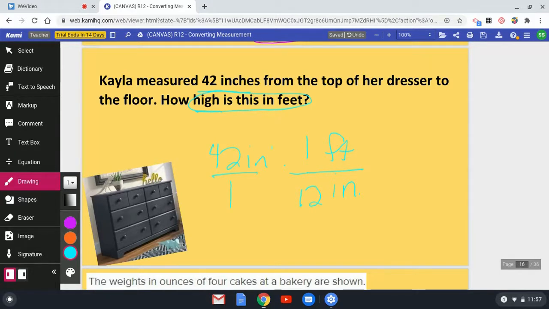Nice. All right, inches cancel. I get 42 over 12. So in my calculator, I'm going to do 42 divided by 12. Find out this is 3.5 feet tall, which makes sense for a dresser, right?